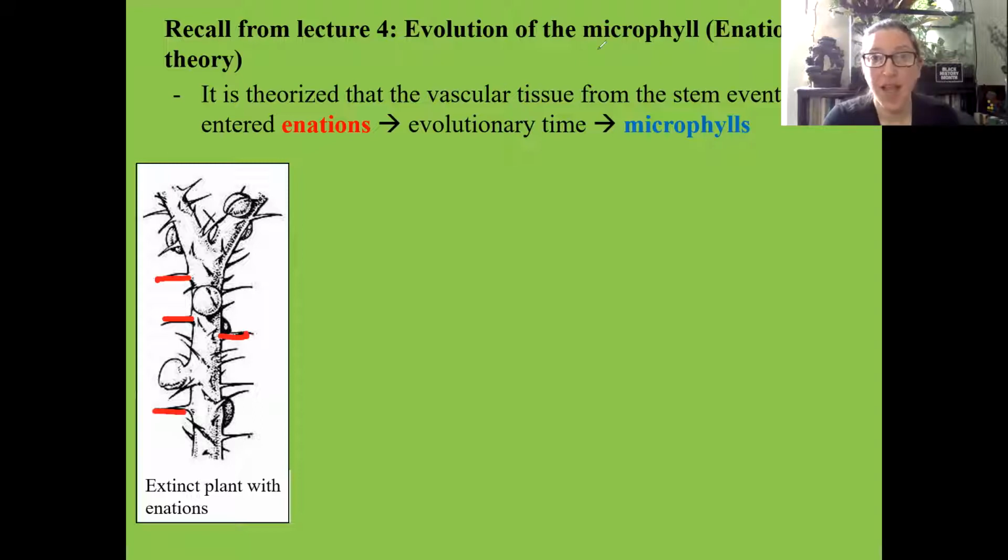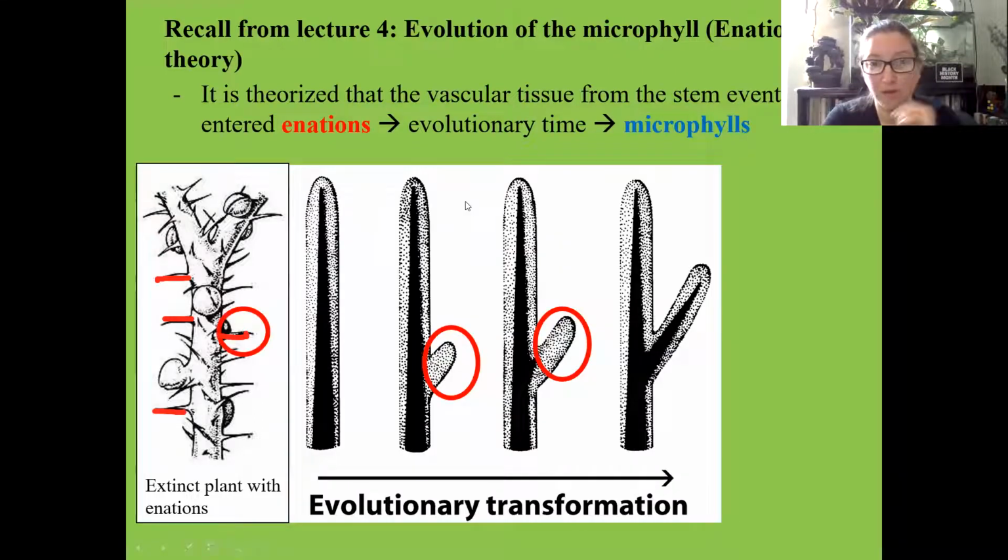Enations. And so what we think happened over evolutionary time is this transformation in the vascular tissue, which in this drawing, just as a refresher, is this darker area in the middle. In the enation, it's not present. But then ultimately it starts to migrate in.